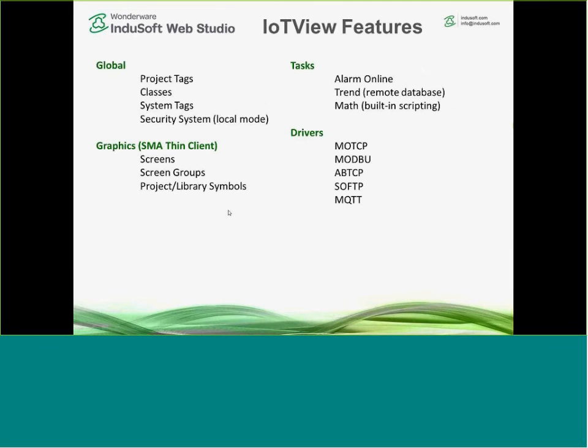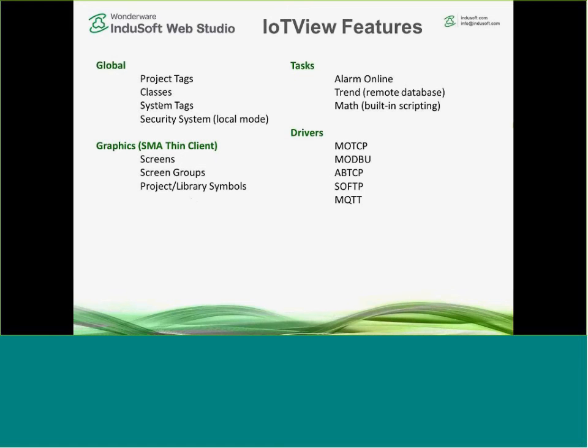Moving on, some of the IoTView features. You get the graphics. Long-term, we're supporting HTML5 graphics for InduSoft Web Studio, for these types of thin clients. So you're going to be able to use your screens, your screen groups, symbols, and most of the objects that you have. We can do that now. I don't know an exact number, but we've converted, let's say, 95% of our objects, and we're working on converting the remainder as we move along.